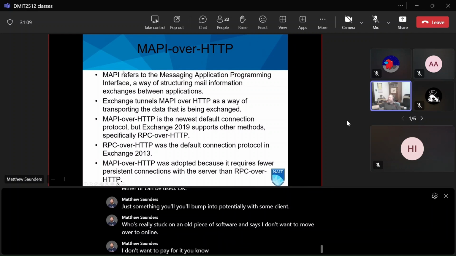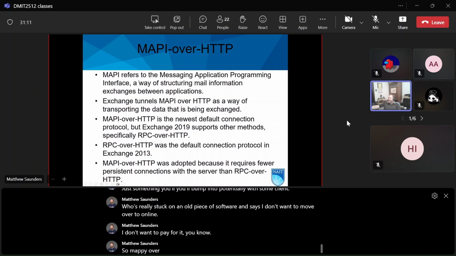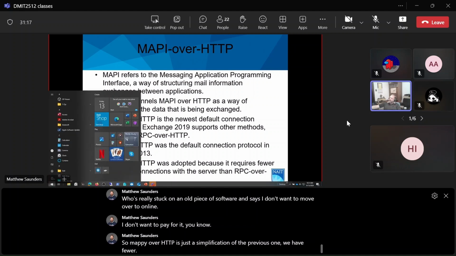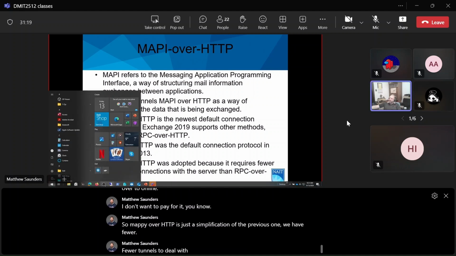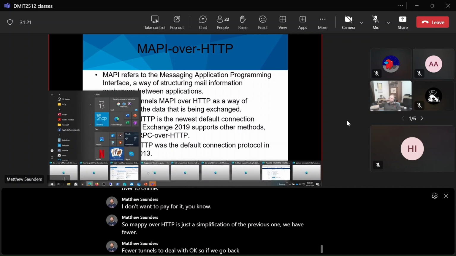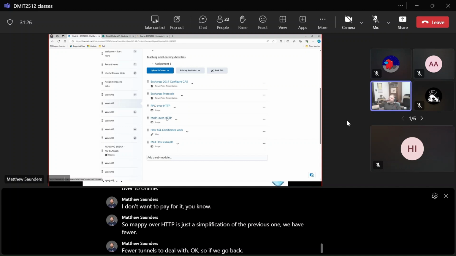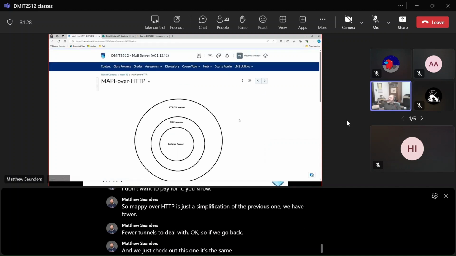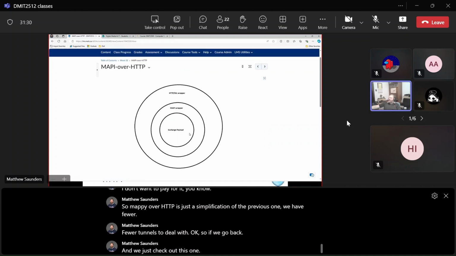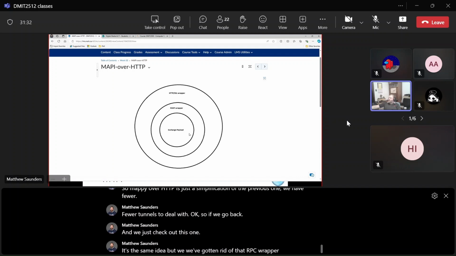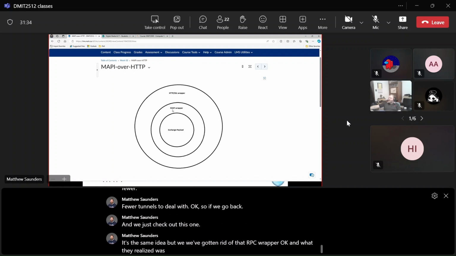So MAPI over HTTP is just a simplification of the previous one. We have fewer tunnels to deal with. If we go back and check out this one, it's the same idea, but we've gotten rid of that RPC wrapper. What they realized was that MAPI can do everything RPC did, so why not take out that middleman?